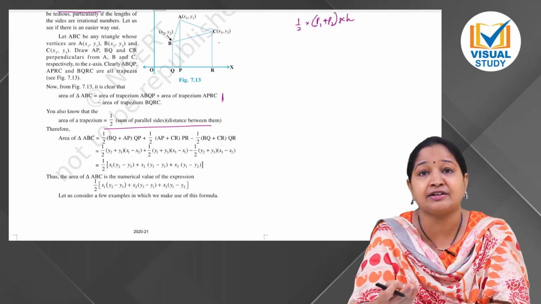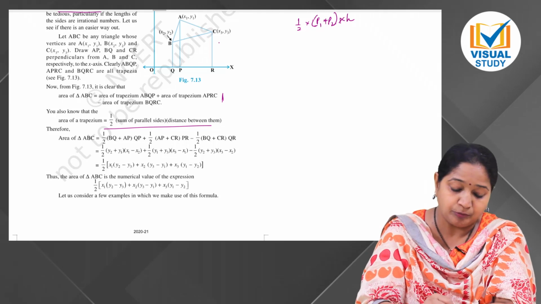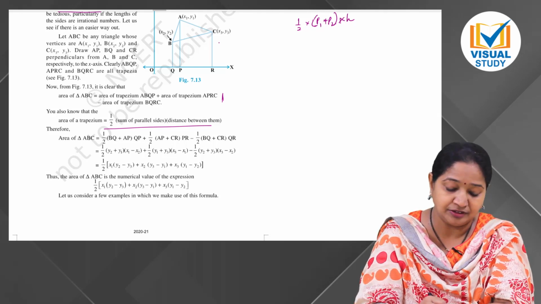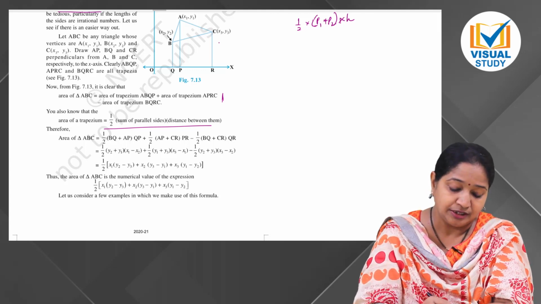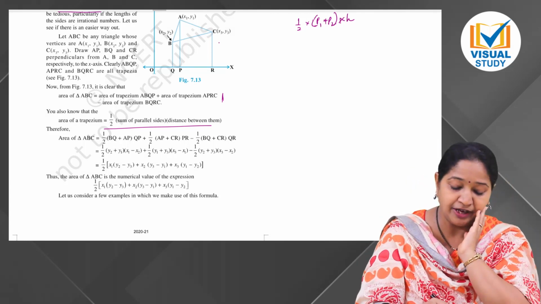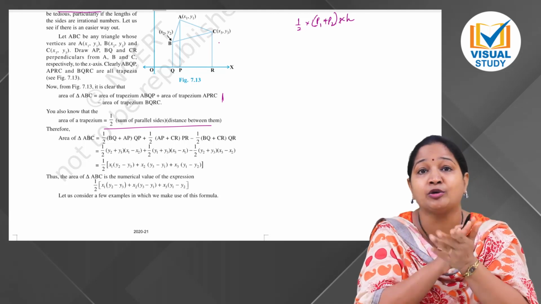What is that? x1, x2, y1, y2, x3, y3. Put in all the values and you get y2 plus y1 into x1 minus x2. Here also y1 plus y3 and so on. Here you have to multiply y2 into this, x2 into this, the way we multiply binomial into binomial.